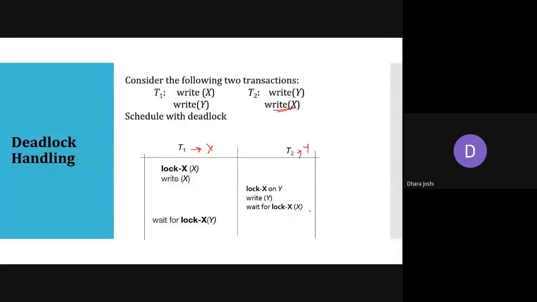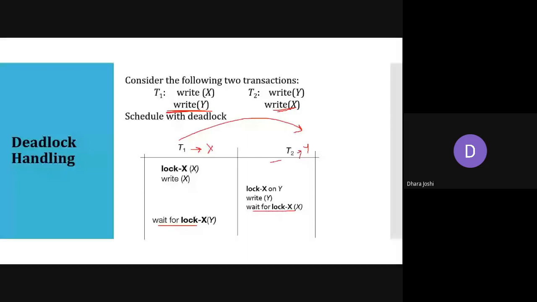In the same way, the last instruction of T1 is write Y. T1 wants to write on data item Y, but the lock is already acquired by transaction T2. So T1 is also waiting for the lock. Both of them are waiting for each other: T1 is waiting for T2 and T2 is waiting for T1.